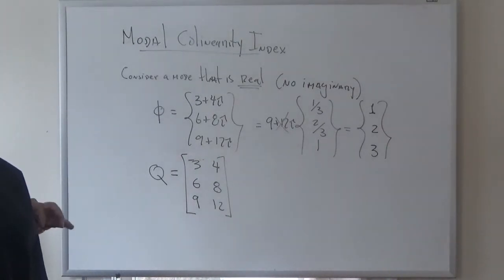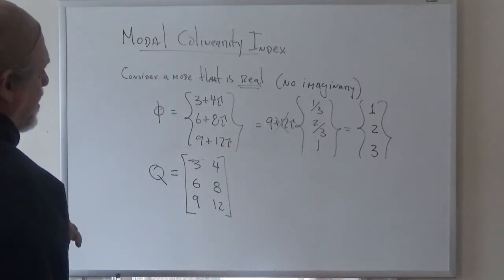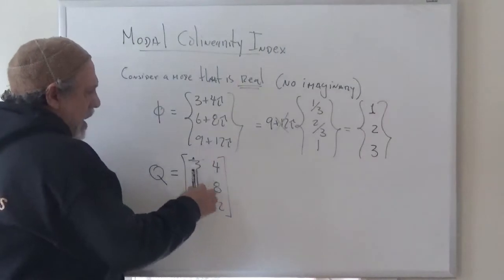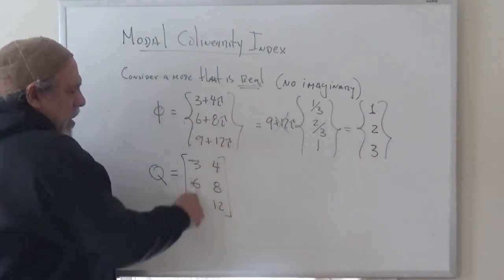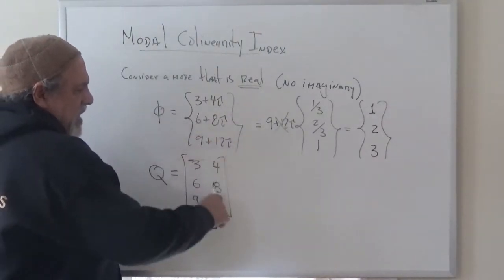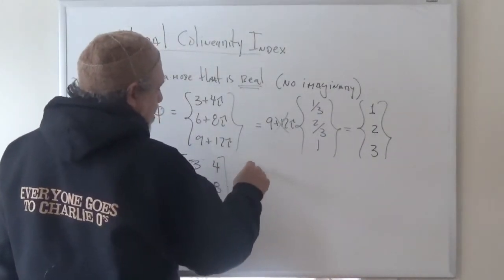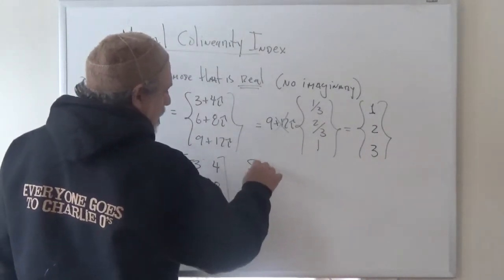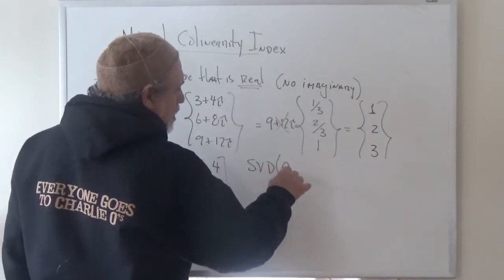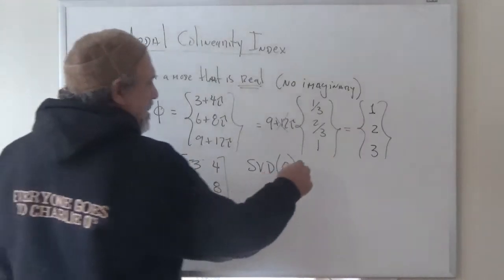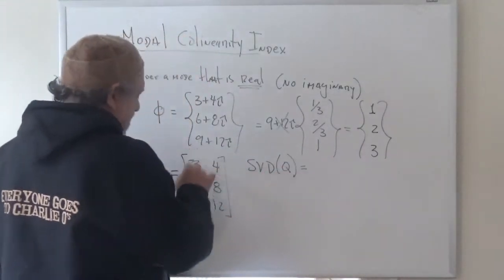Now, what happens to that matrix, notice that there's no i anymore, right? So all I'm saying is you take a mode, the first column is the real part, the second column is the imaginary part. If you take a singular value decomposition of Q, you would find, as we know, right, a matrix that is first as big as 3 by 3, right?